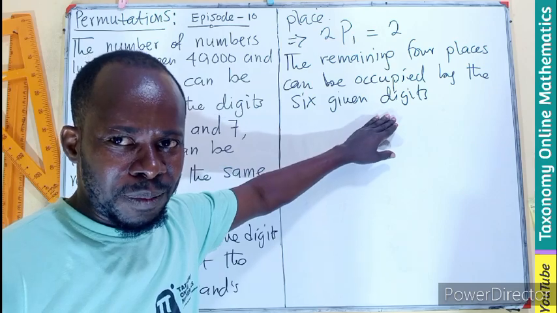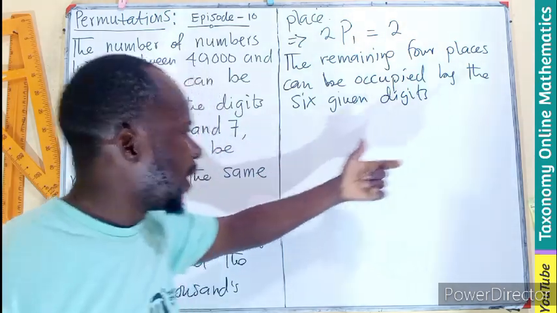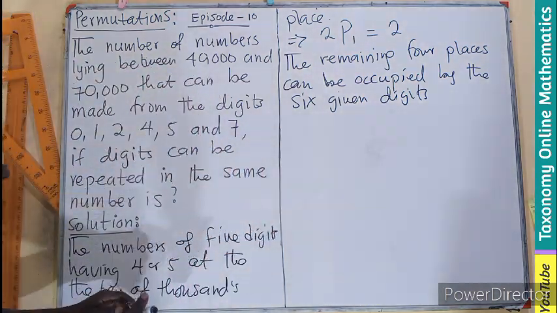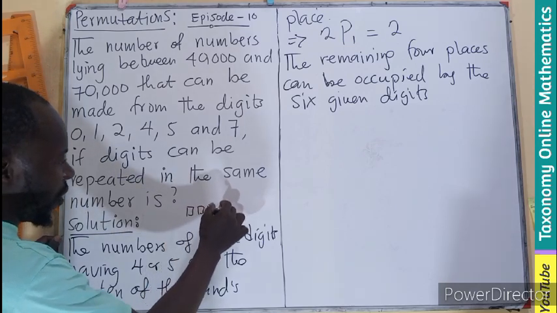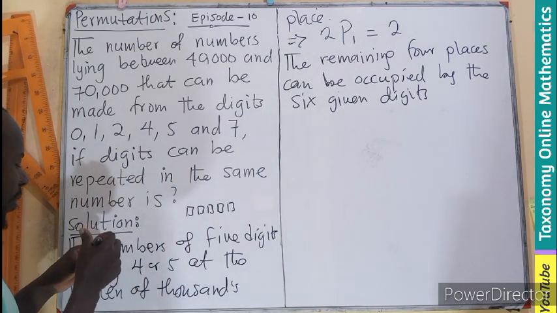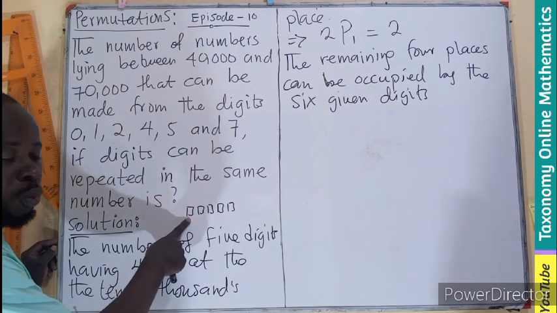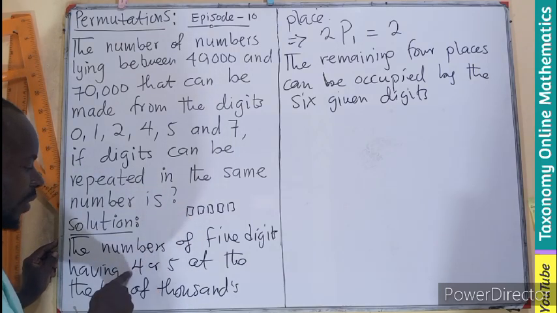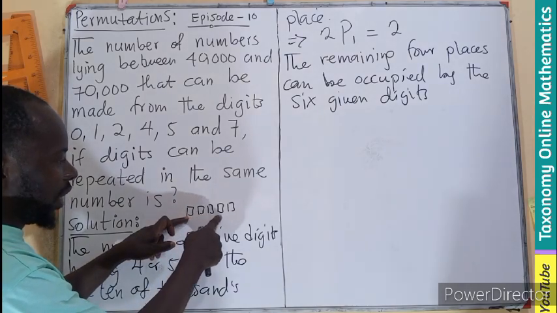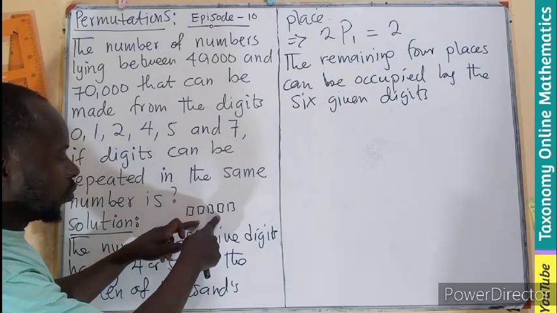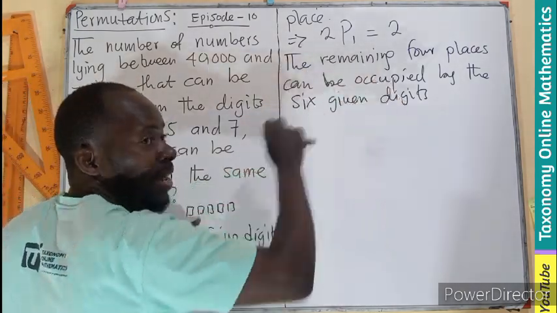Do you believe that? If I pick the first place, which will be either 4 or 5, let's begin with 4. If 4 is here, then I am left with 4 places to pick. So these 4 places is what we are describing here.